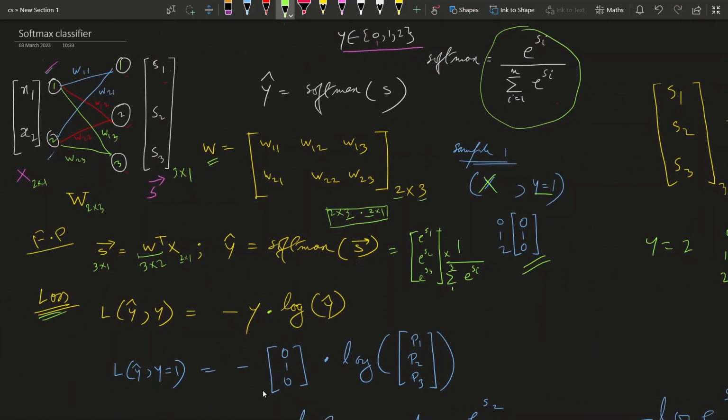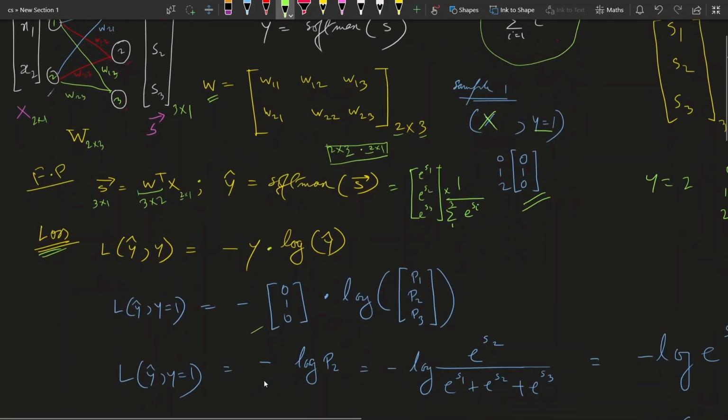In the next step, we will multiply this one hot vector with the log of the predicted vector. The predicted vector is basically y hat, so this entire thing equals P1, P2 and P3.